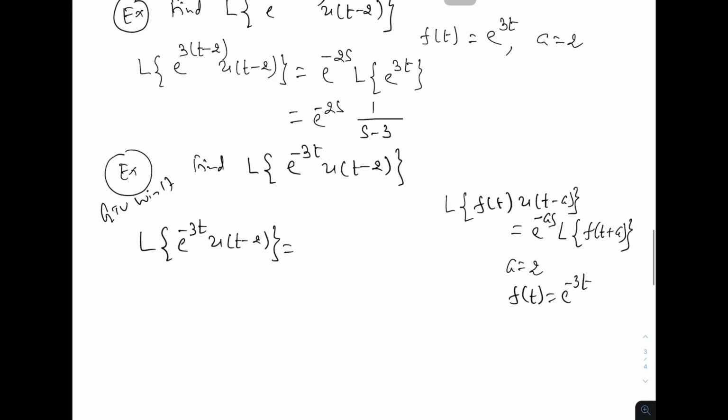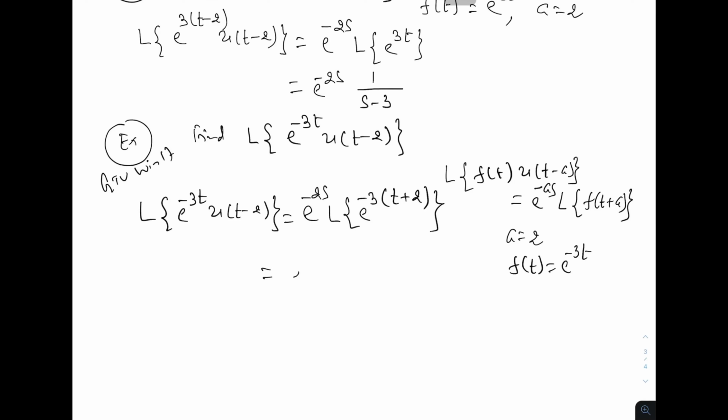So now e power minus as, so e power minus 2s Laplace transformation of f of t plus a. F of t is e power minus 3t, so e power minus 3, now t plus a, that is nothing but t plus 2, because a is 2. So that you should take care.